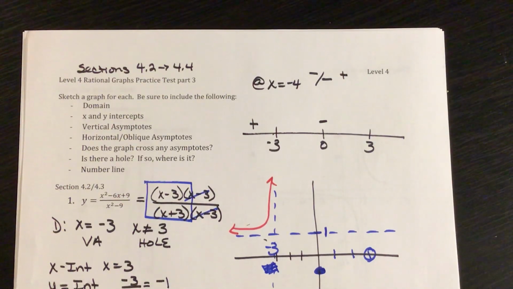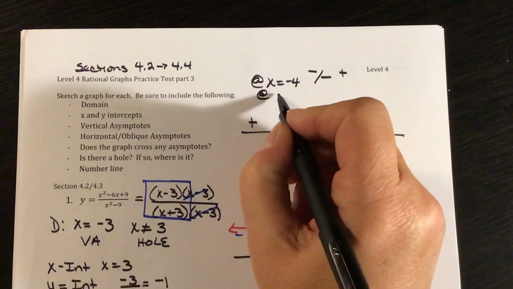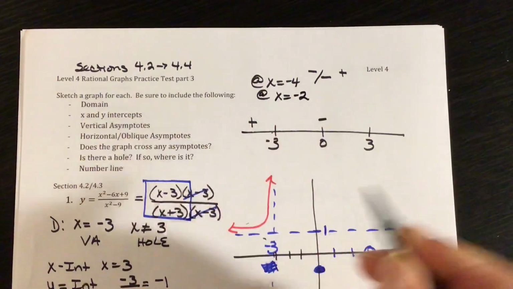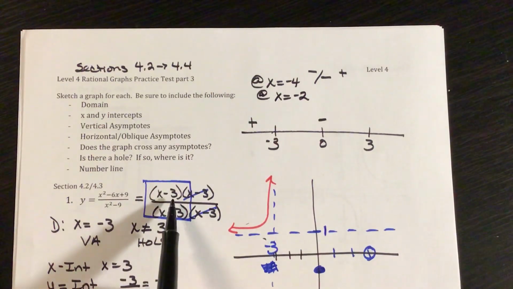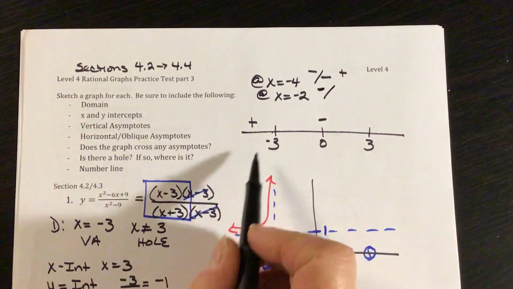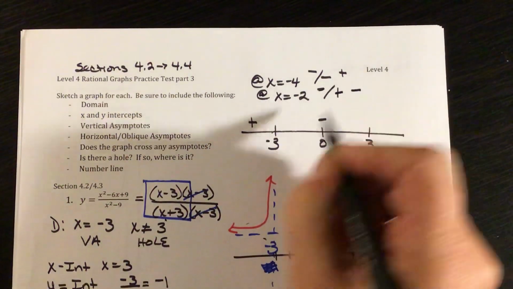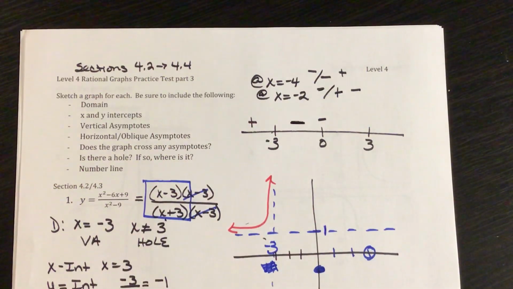So between negative 3 and 0, so x is negative 2. If I plug in negative 2 minus 3 is negative 5, that's negative, over negative 2 plus 3 is positive 1, so this value in here is negative.